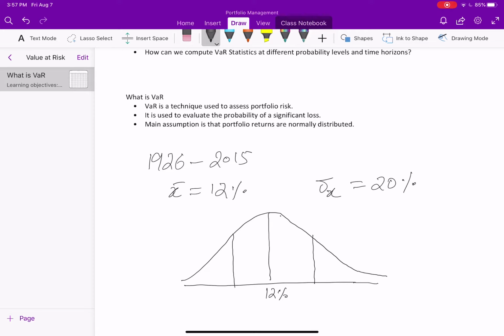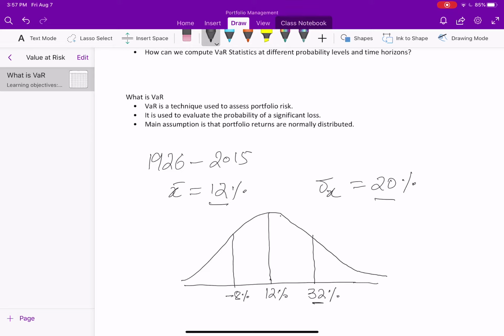You have to add the standard deviation to the mean to move to the right: 12% plus 20% gives you 32%. And from 12%, if you move to the left, you have to subtract the standard deviation, which is 20%, and this will give you 8%.